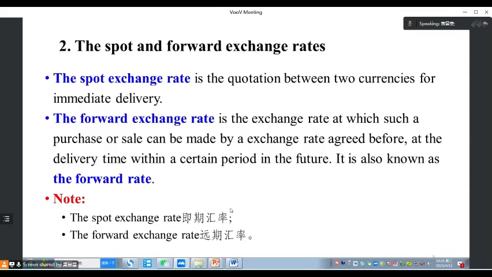So this method we can call the forward exchange rate.